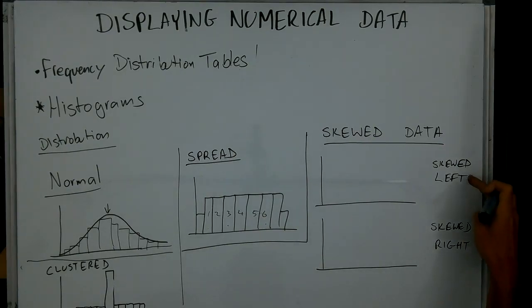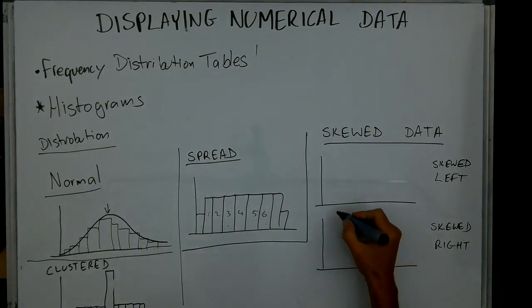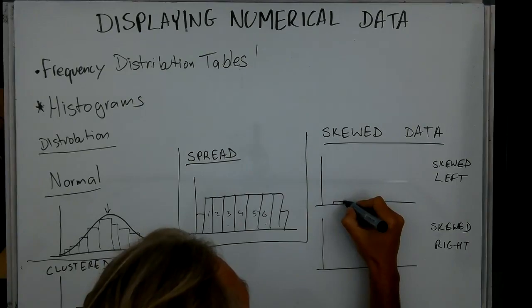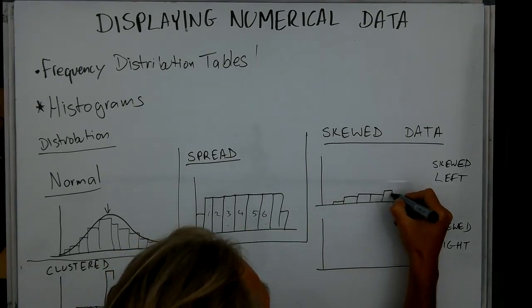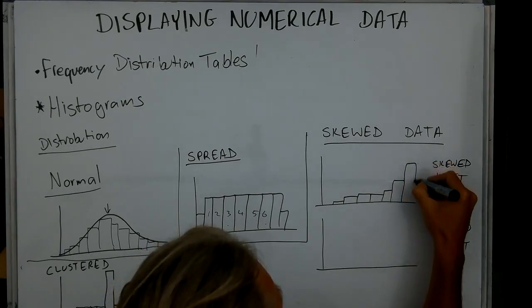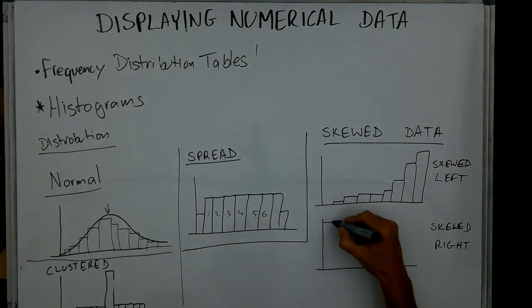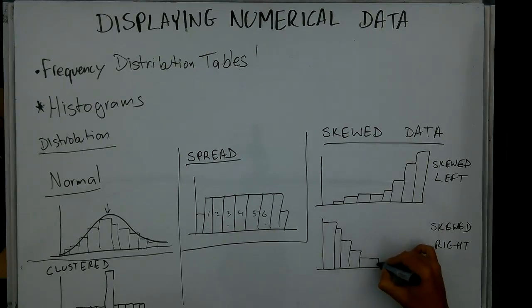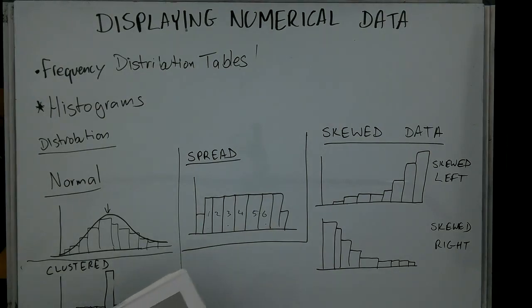And the issue with these two graphs is everyone gets them back to front. And the reason is skewed left looks like this. Skewed right is in that kind of shape.